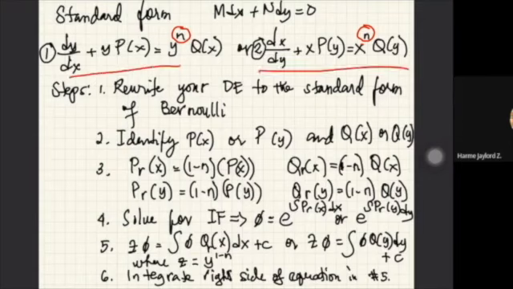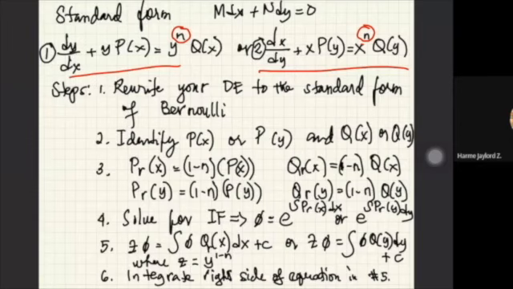And then identify your P of X or P of Y, whichever is the case, and Q of X or Q of Y. Once you identify these two, you're going to solve for the PR of X. Why PR of X?